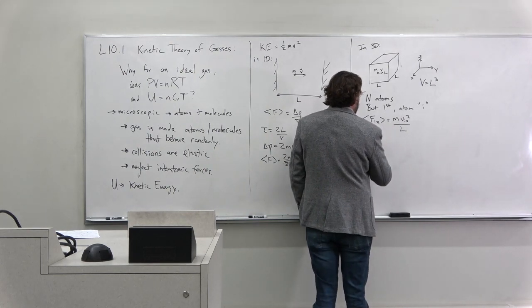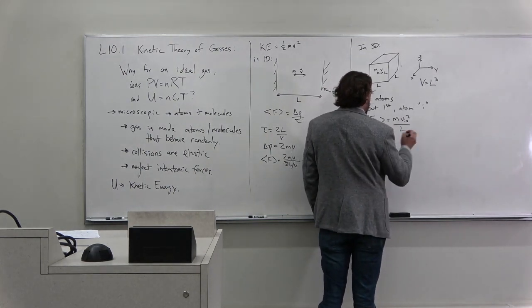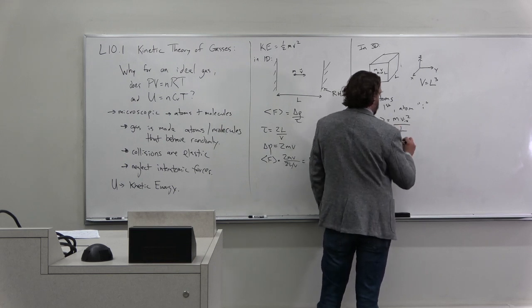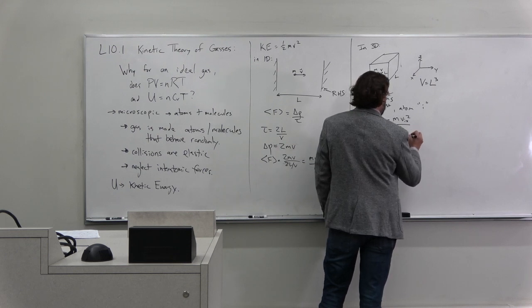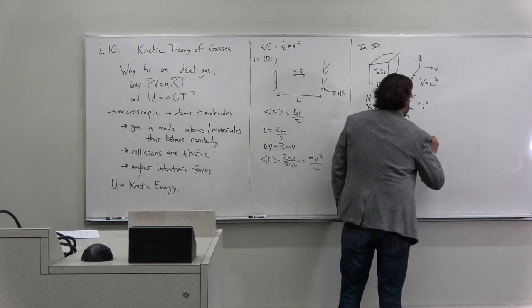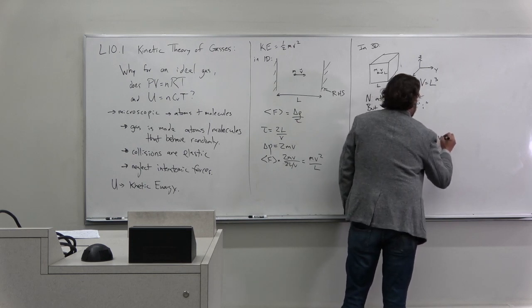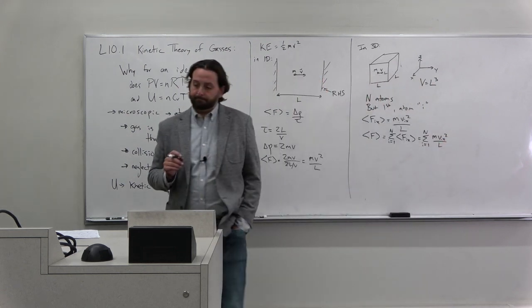All right, so for the average force, we actually now want to add up all of the atoms. So we're going to run that from 1 to n of Fix. So that's the sum from i equals 1 to n of m vix squared over L.